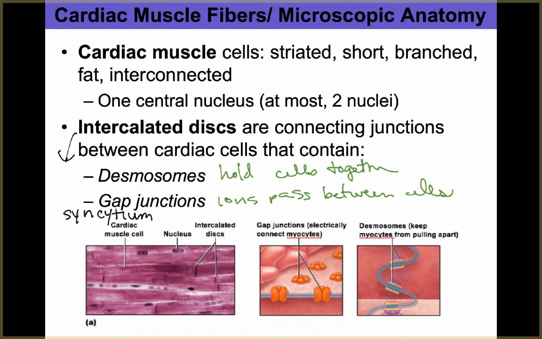And this is basically them beating in a coordinated single unit. So, syncytium.